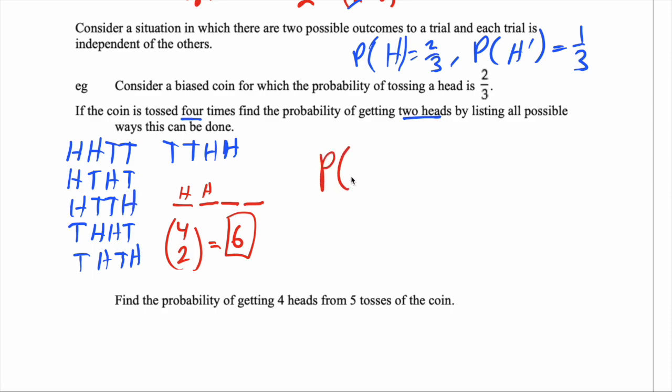So now if we want to work out the probability of 2 heads, we can do 6 times each of these probabilities. Actually, all these probabilities are the same because it's 2 heads, 2 tails. The probability of heads is 2/3, and there are 2 heads in our list, so the probability of getting 2 heads is 2/3 times 2/3.